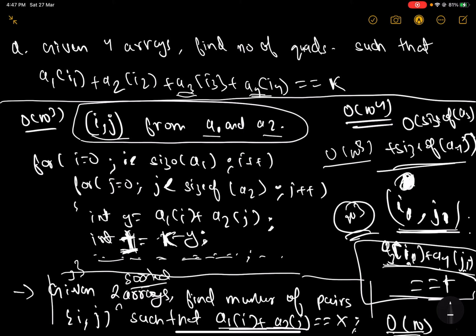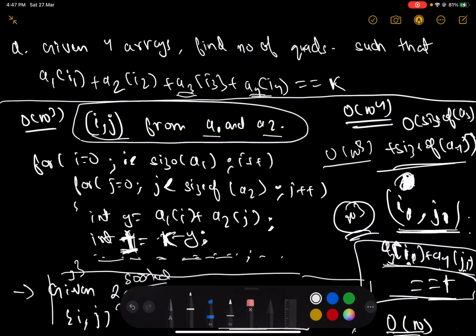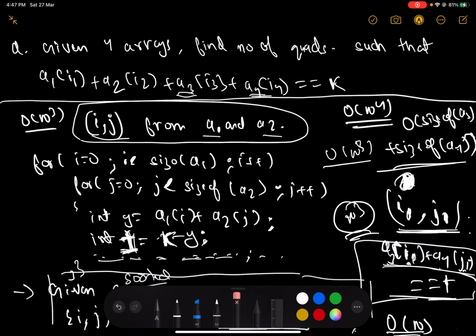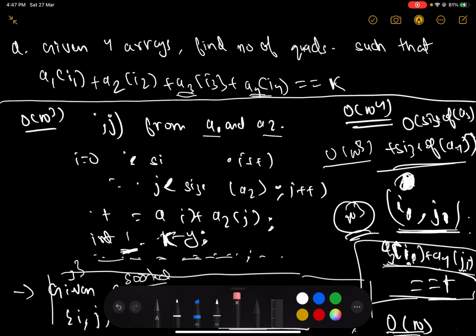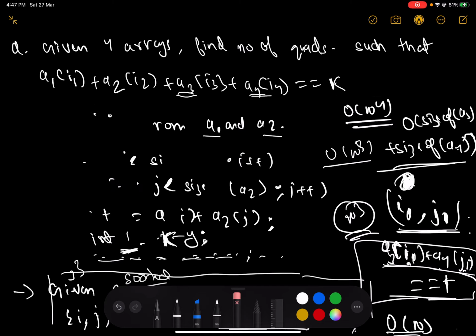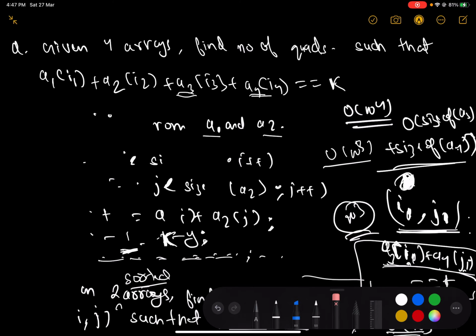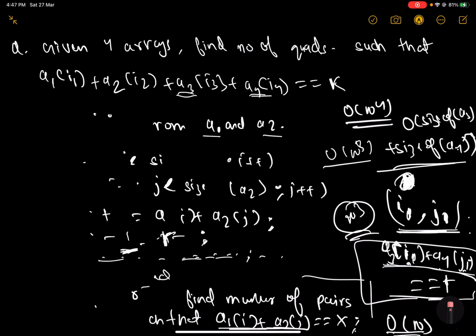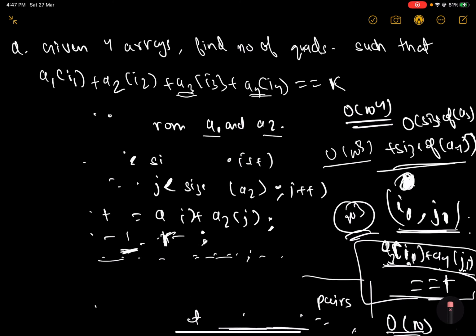Now let's move to the O of n square solution. Let me clean this up a bit. So if you guys have any doubts with the O of n cube solution, you can just post it in the comment section and I will be glad to answer that.